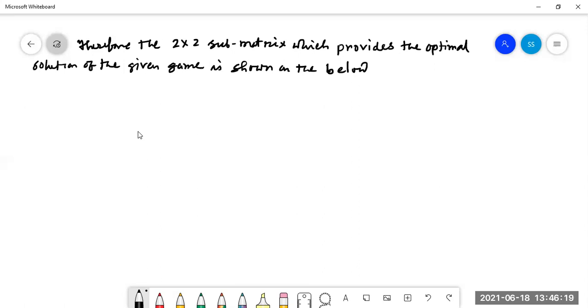So that is here it will be coming like that. The 2 cross 2 matrix should be like that.